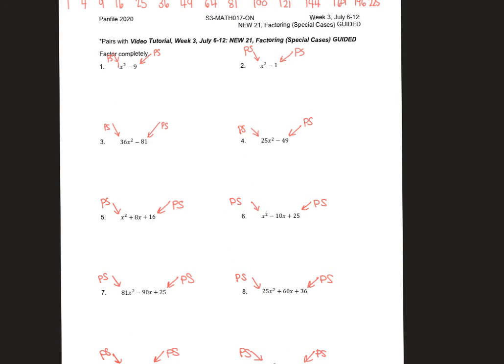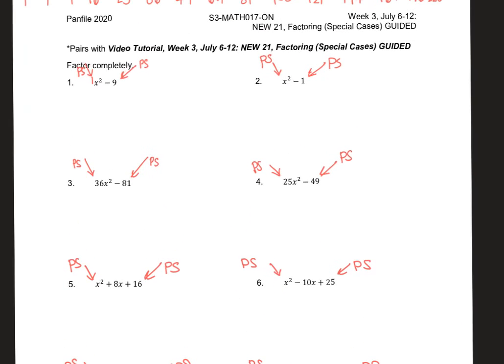All right, and then the other thing I have to check for is that in these ones that have 2 terms, like in 1 through 4, they're subtraction. So x squared minus 9, x squared minus 1, 36x squared minus 81, and 25x squared minus 49. If it has addition, then it breaks the rules and it doesn't work anymore.